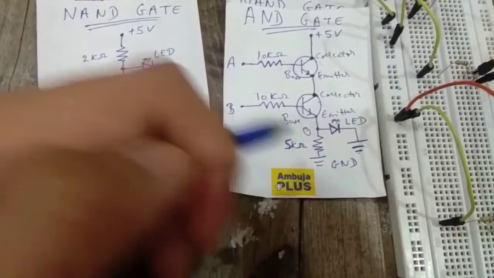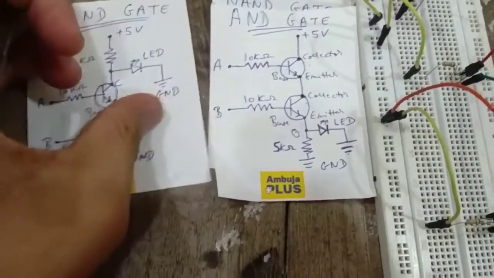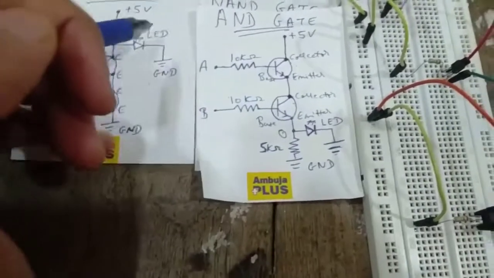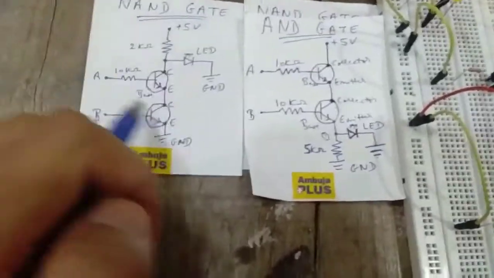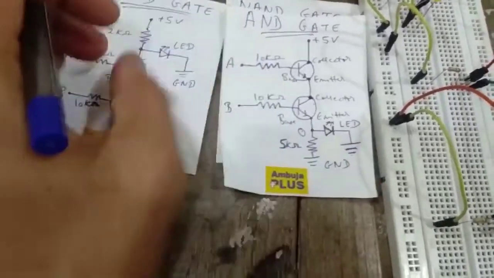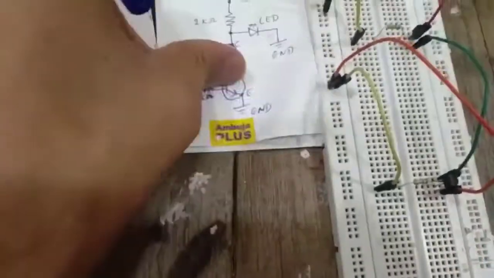So this resistor is connected here, and even the output part is connected here. So we will be seeing the output here, because in this NAND gate the output will be the inverse of the AND gate. So coming back to the NAND gate circuit.